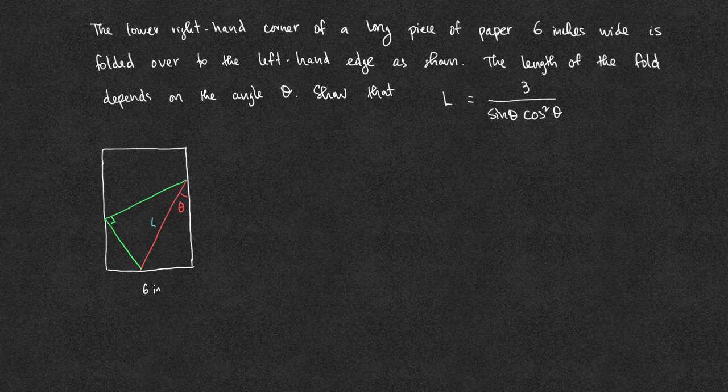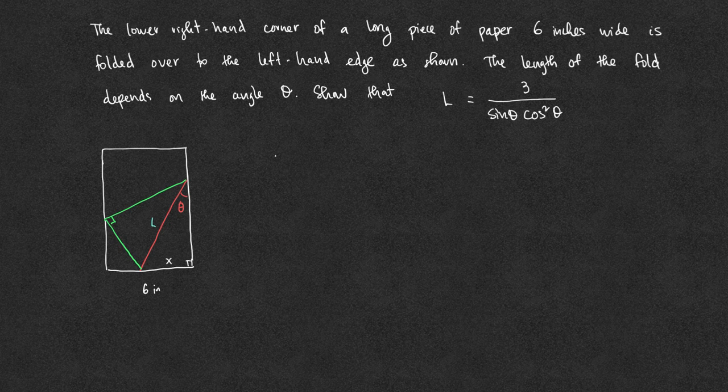The question asks us to come up with a relationship or an equation that relates the length L with theta. In order to use theta and L, we would need to use the triangle at the lower bottom. Using this triangle, we let the length of the side opposite to the angle theta be x.